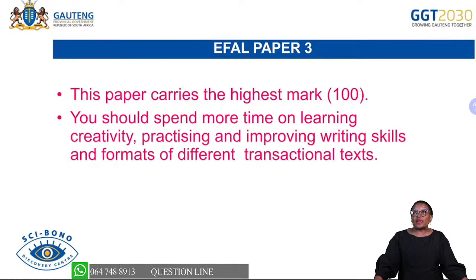You also need to spend more time practicing and improving your writing skills, as well as the format of different transactional text. It is also important to know that you can actually get 100 out of 100. However, that would require you to spend more time on learning creativity, as well as the formats of different transactional text.